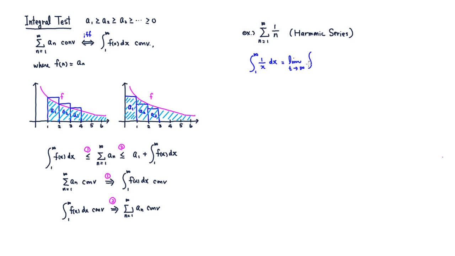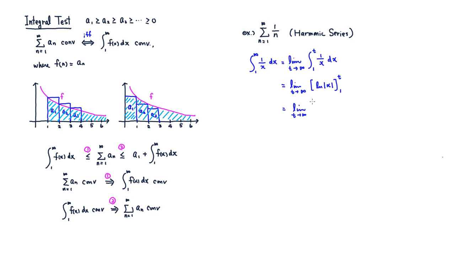So we have the limit as t approaches infinity of the integral from 1 to t of 1 over x with respect to x. The antiderivative of 1 over x is the natural log of the absolute value of x, going from 1 to t. We still have to take the limit, but leave this alone for now.